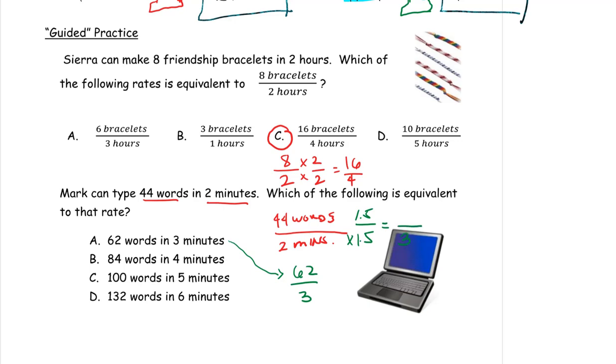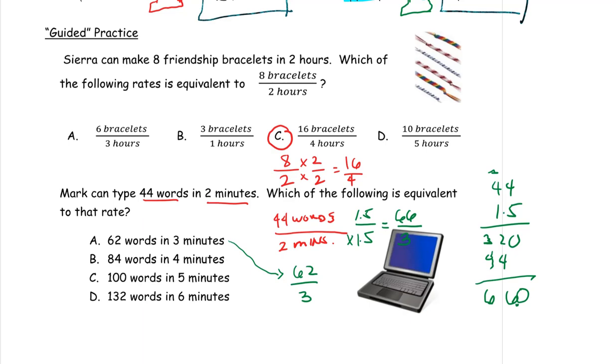So you have 3. So that would be 22, 4, 4. So that would be 66/3. So if you multiply both by 1.5, it should give you 66/3. However, letter A is 62/3.